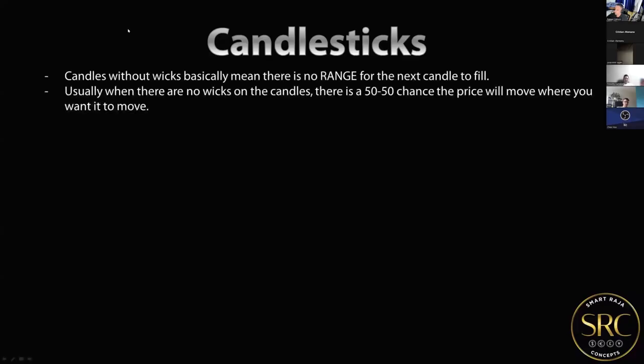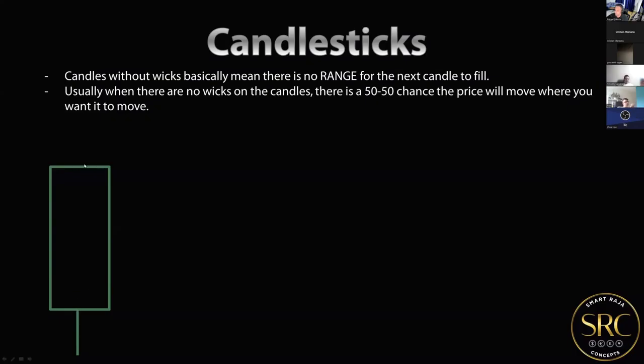Now, there are also some candlesticks that have no wicks on them. I'm pretty sure this question was coming. Oh, what about a candle with no wick? It's coming right now. Candles without wicks basically means there is no range for the next candle to fill. Usually when there's no wicks on the candles, there's a 50-50 chance that the price will move where you want it to go. For example, let's say we have a bullish candle and a bullish candle has no wick on the top.